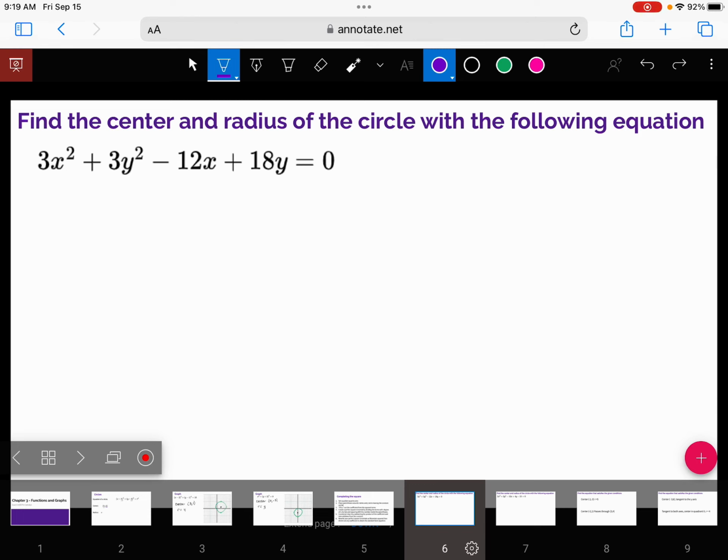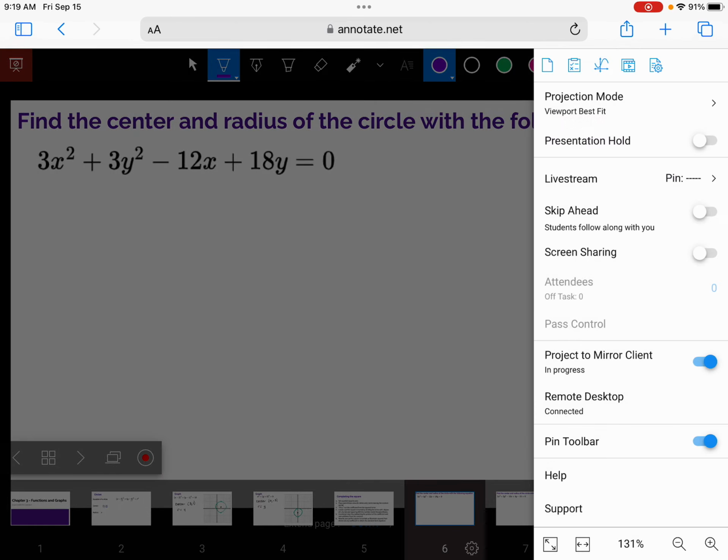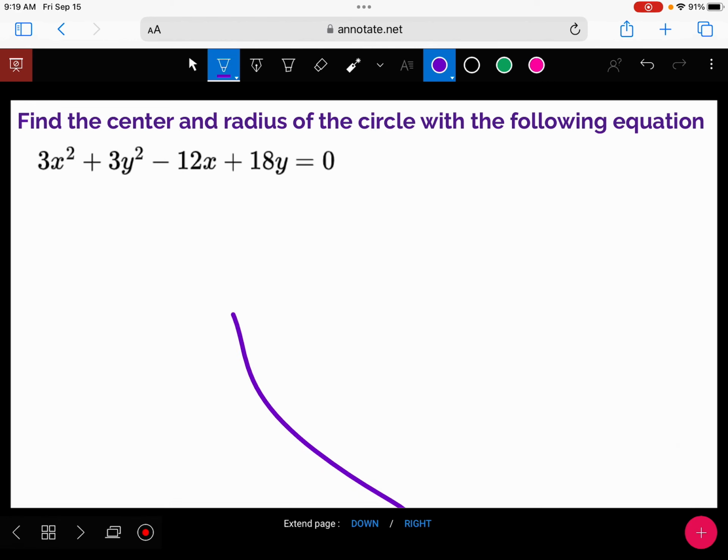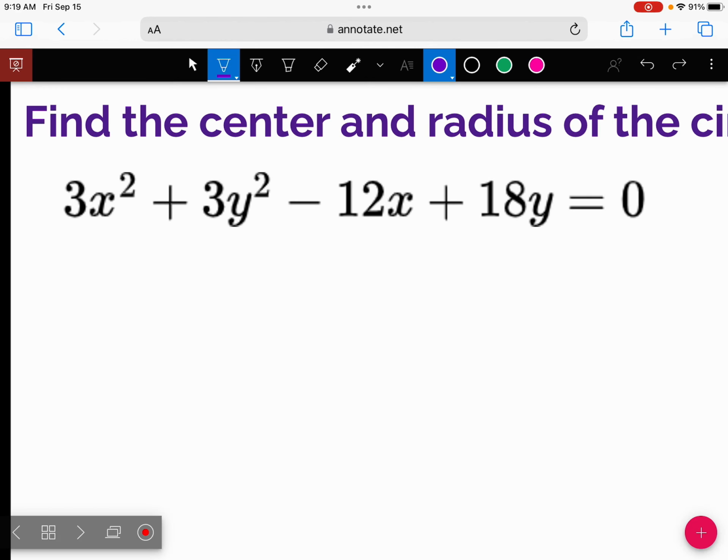So what we're going to do next is group together our x terms and our y terms. I'm going to reorder this because it genuinely does not matter what order we add and subtract things in.